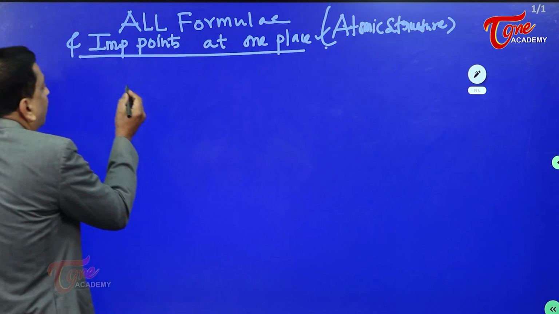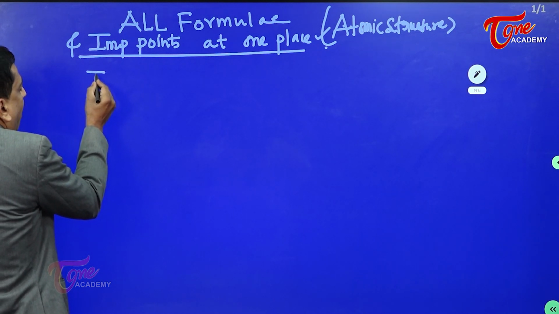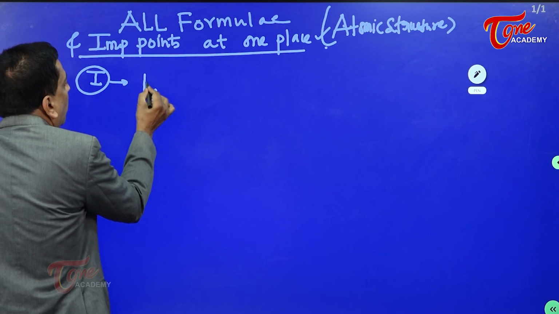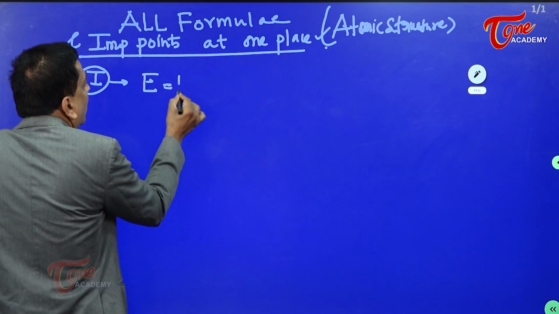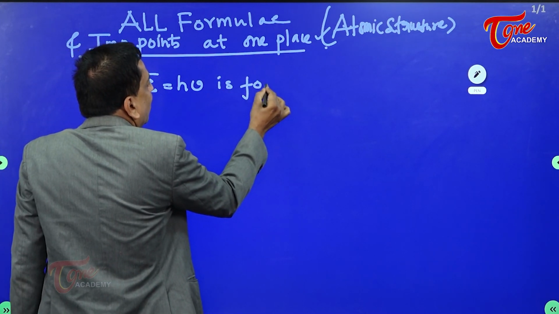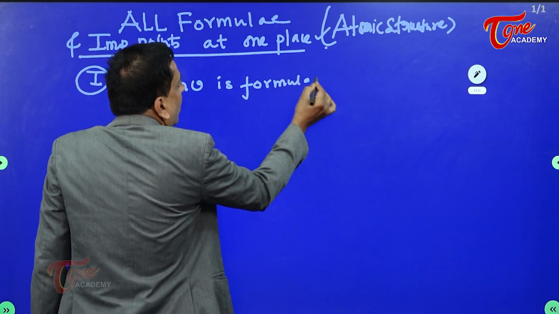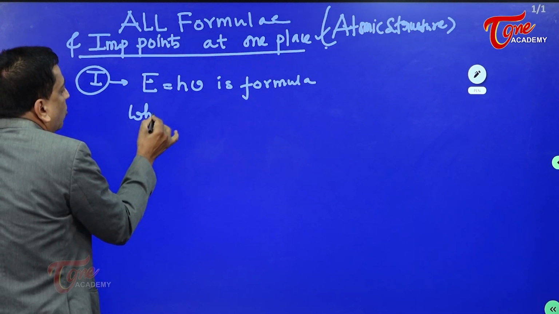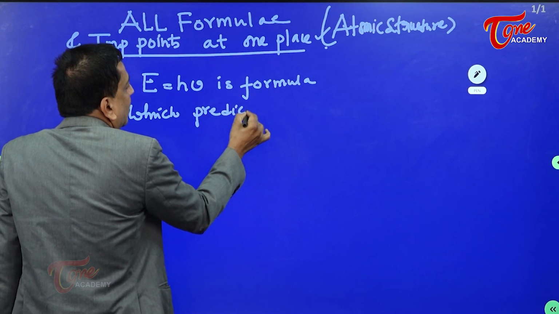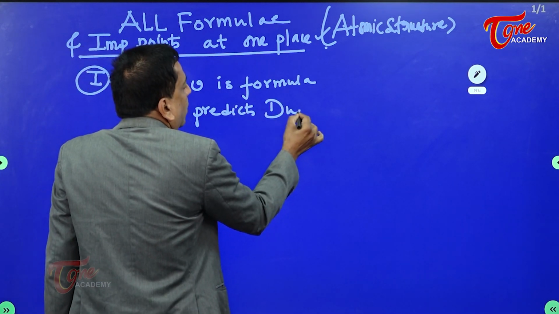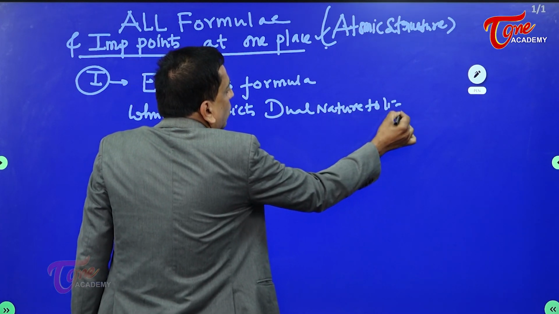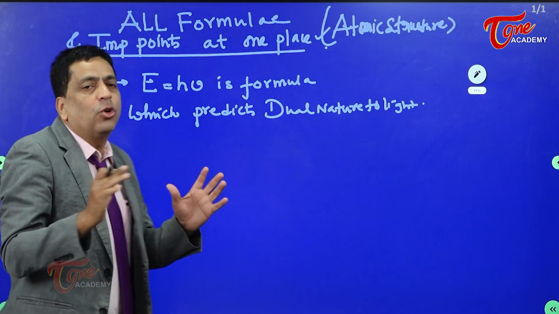Roman number one, important thing: E is equal to h nu is the formula which predicts dual nature of light. Dual nature of light. So E is equal to h nu.